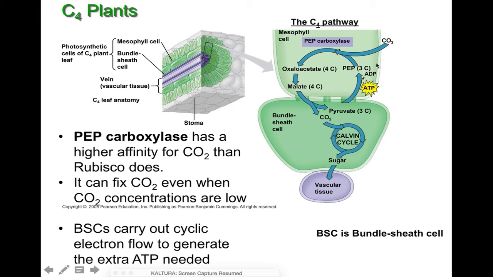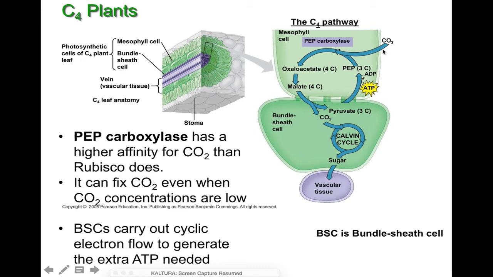First in the mesophyll cells, which is done by PEP carboxylase, which is very efficient in capturing carbon dioxide, and then it is broken down into pyruvate and carbon dioxide in the bundle sheath cells. Again, one more time.